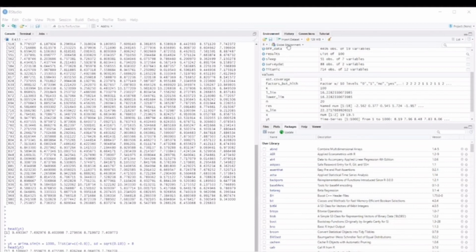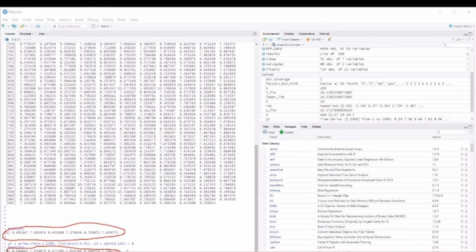If you take a look at this one, and you take a look at this one, they are not the same. That's what I told you. When you don't set a seed, we're basically going to have a different data set simulated.